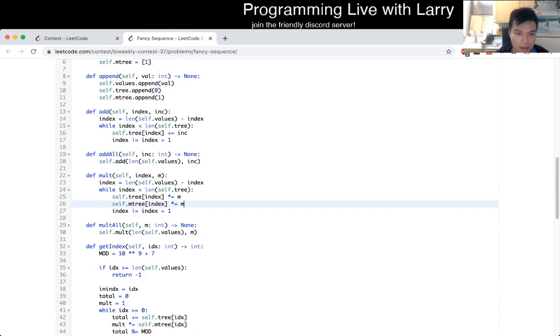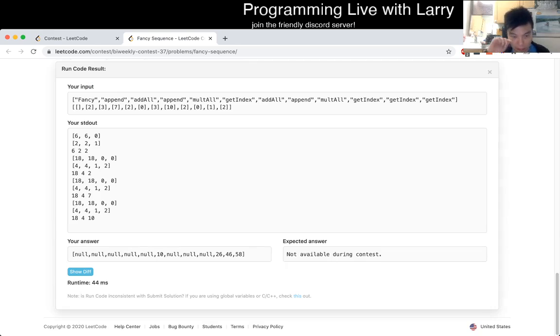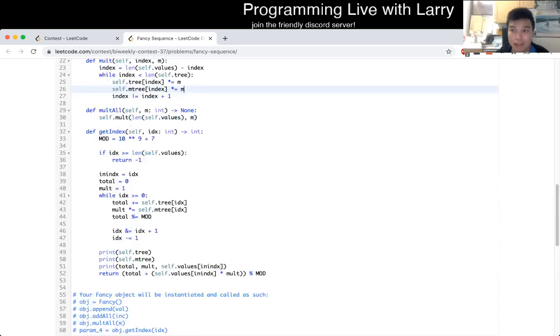Doing this part quite right. Maybe I just need a regular tree, to be honest.